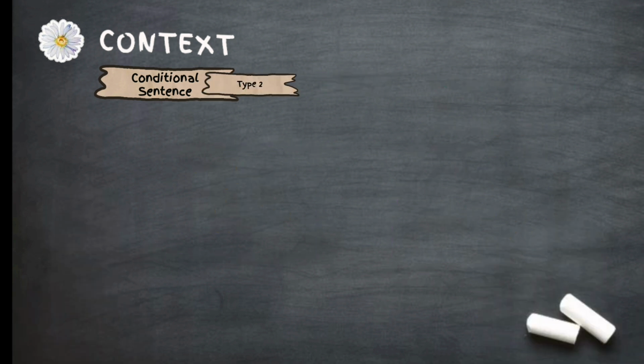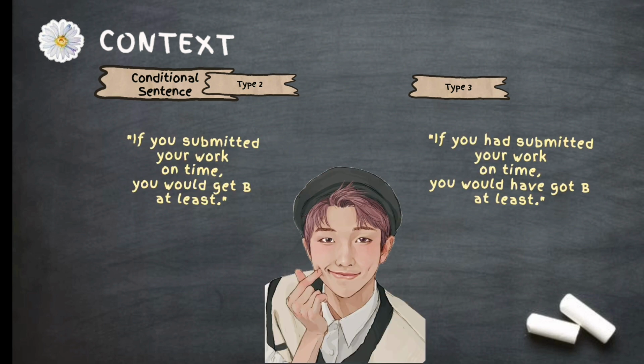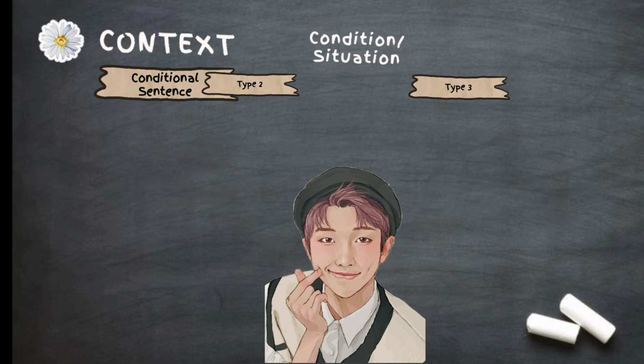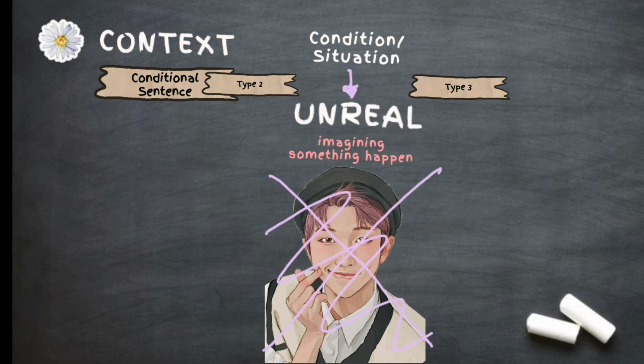But then for type 2 and type 3, the sentence, "If you submitted your work on time, you would get B at least." The condition for type 2 and type 3 is almost the same. It is unreal. You are imagining something to happen in your life.